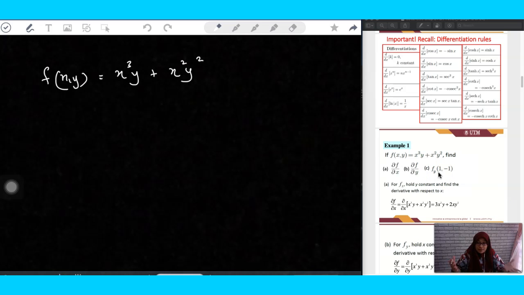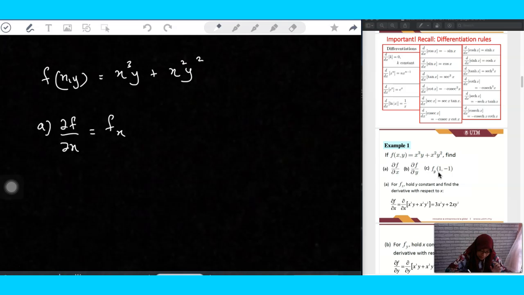Once we feel comfortable and really understand how to differentiate a two-variable function, then we can extend to a three-variable function, because they have the same ideology. So first, find del f over del x, which means you have fx. You want to differentiate the expression with respect to x, meaning y is constant.